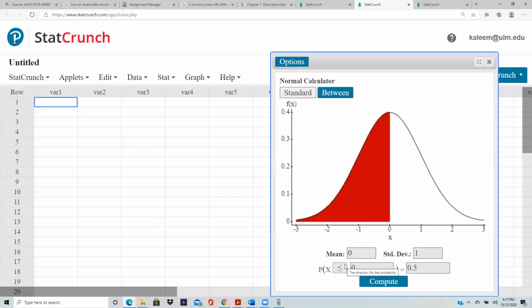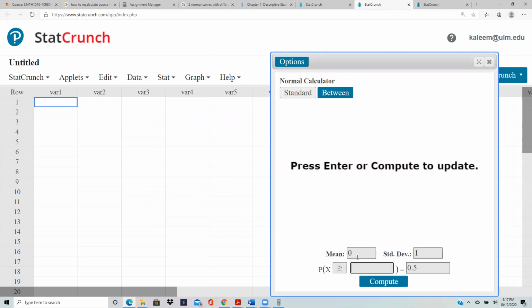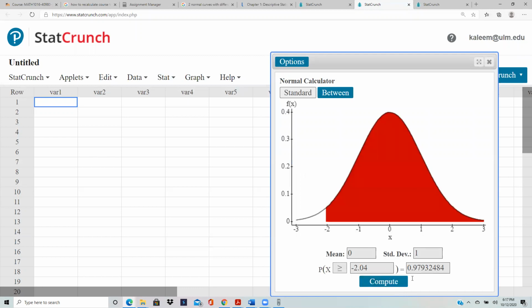So to the right means you do greater than or equal to. The answer is 0.9793.